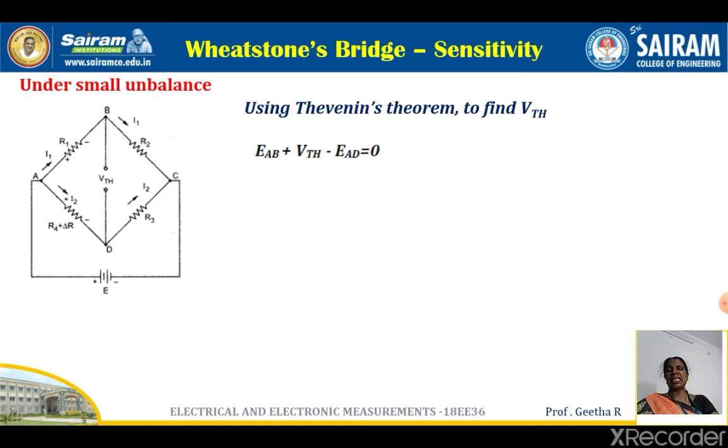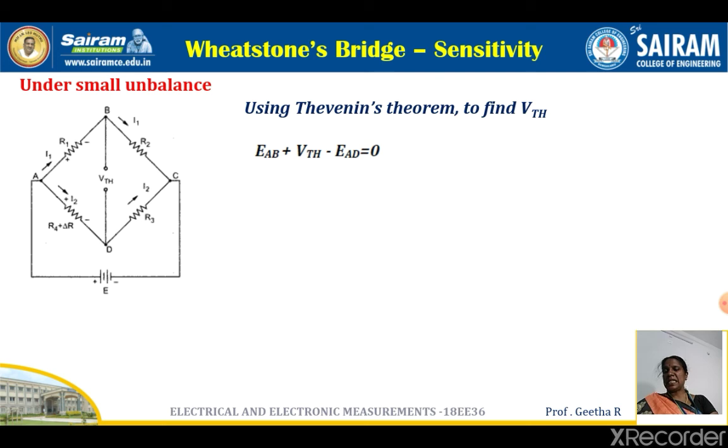Thevenin's voltage is nothing but the open circuit voltage. So we need to calculate the current through the galvanometer. That galvanometer is removed, that branch is open now. The voltage across that branch, the open circuit voltage, can be represented as VTH.